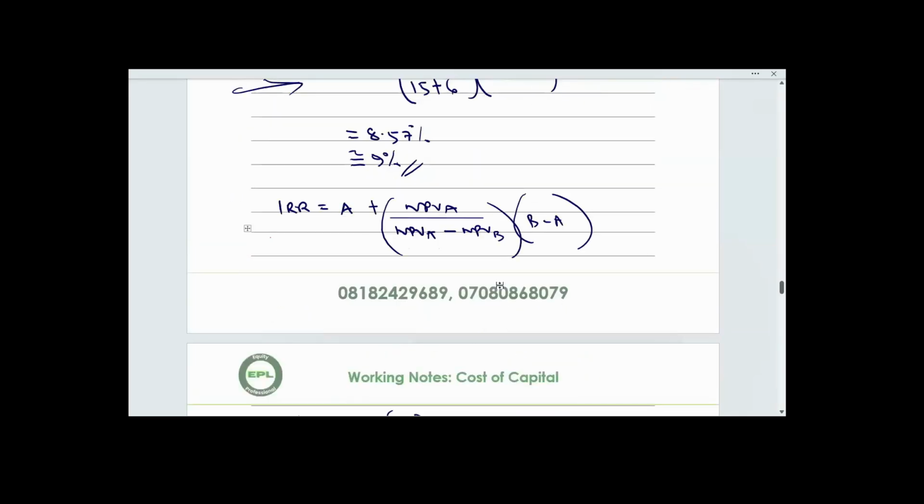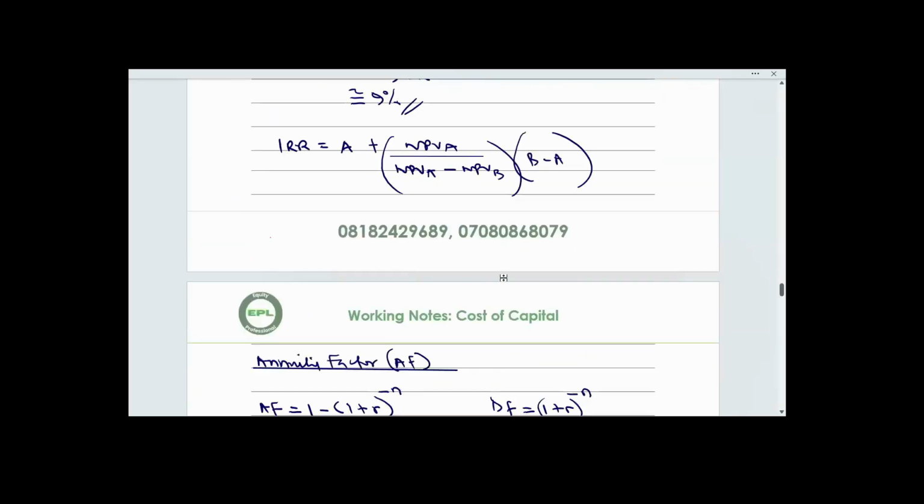So if I want to do this now, here is 5 plus NPV of that 5%, which is 15, divided by 15 minus NPV of that higher discount rate, which is 6. So all of this multiplied by 10 minus 5. You can see from your denominator, 15 minus 6.